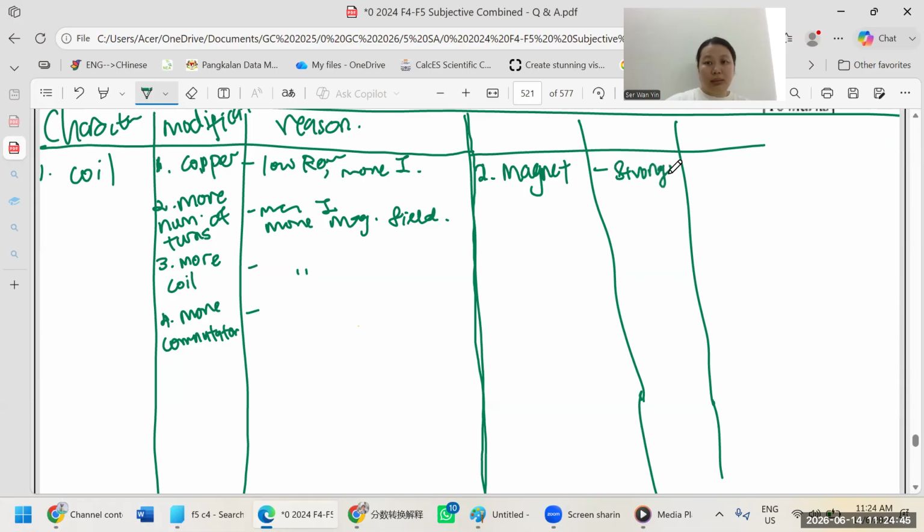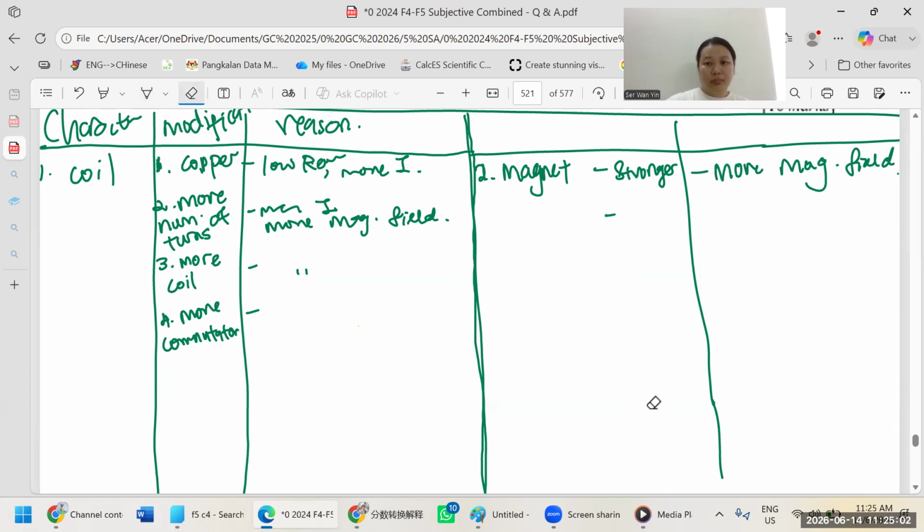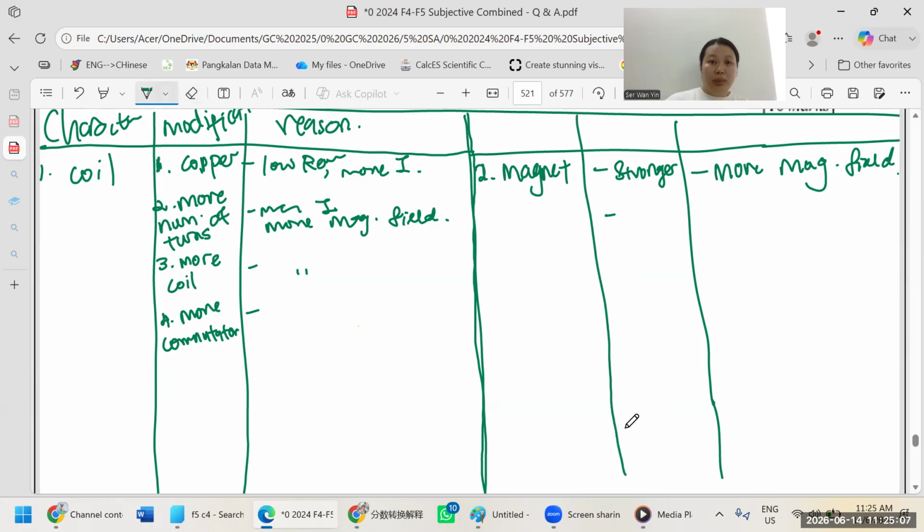Stronger magnet. Why stronger magnet? More magnetic field. Then just now, what's the shape?